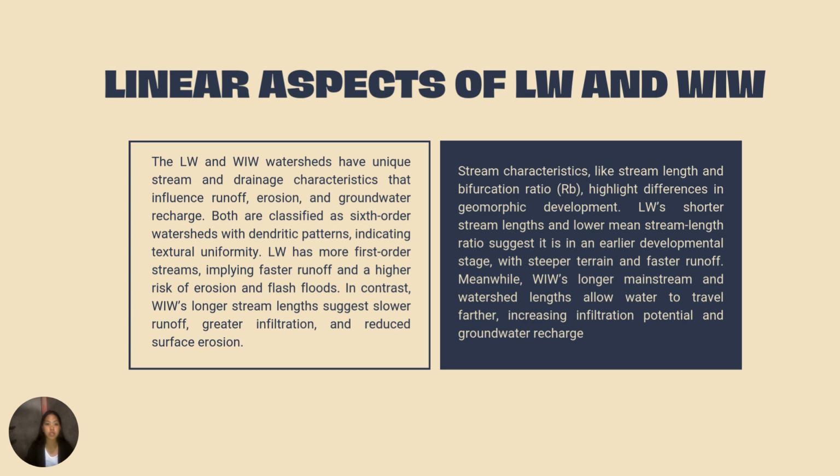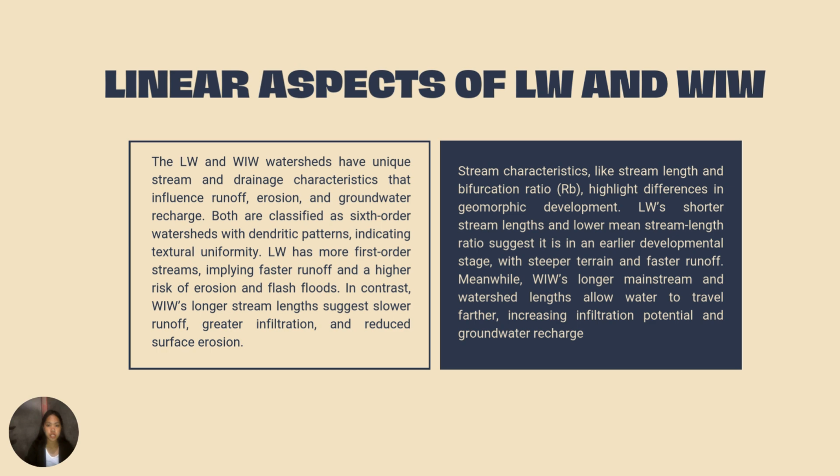The Loboc has more first order streams, implying faster runoff and higher risk of erosion and flash floods. In contrast, the Wahig-Inabanga has longer streams, suggesting slower runoff, greater infiltration, and reduced surface erosion.